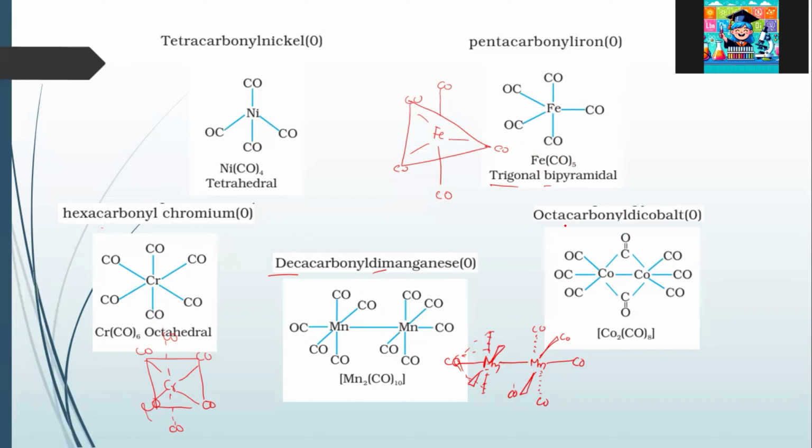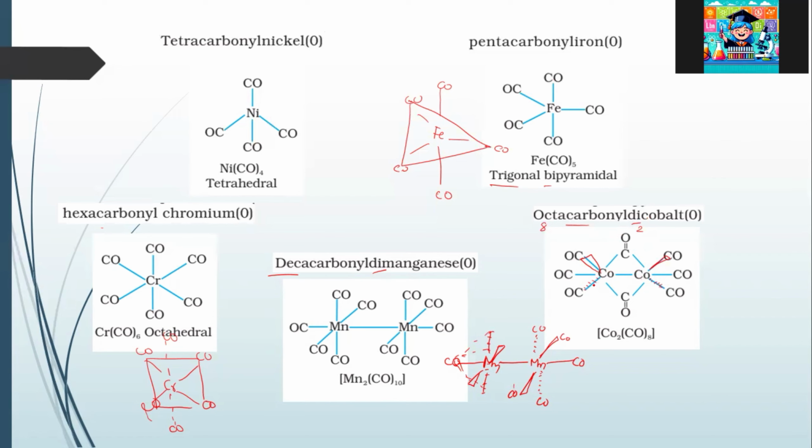And now coming to the next representative compound, that is octacarbonyl dicobalt. Structure is like this. Octa means 8. 8 carbonyls are there. Dicobalt, 2 cobalts are there. Here, 1 carbonyl will be below the plane of the screen and one will be towards the front of the plane of the screen.